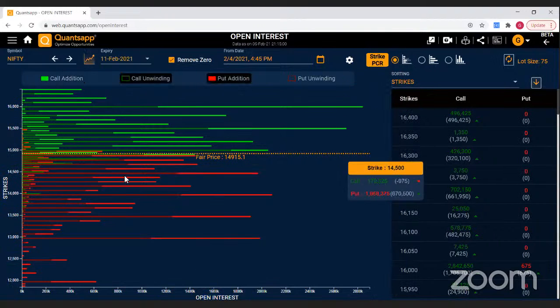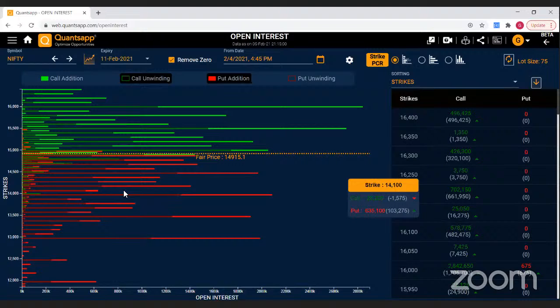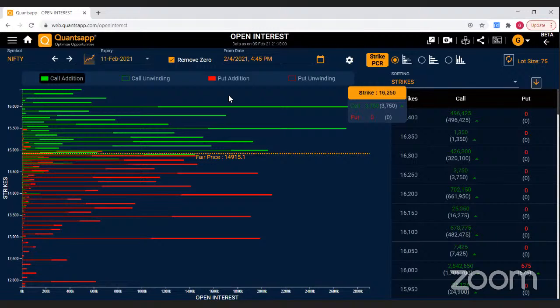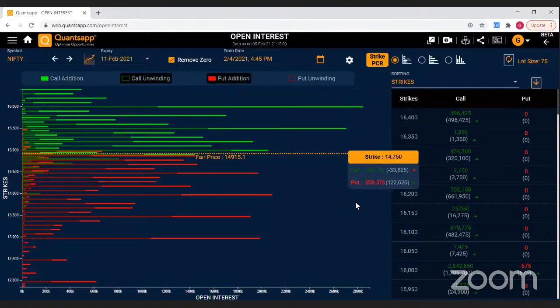So whatever you see, you will see in shares. If I'm taking Nifty, we are all familiar with the lot size, the number of shares it has. Nifty has 75, so you will see everything in terms of 75, in shares, not in contracts.